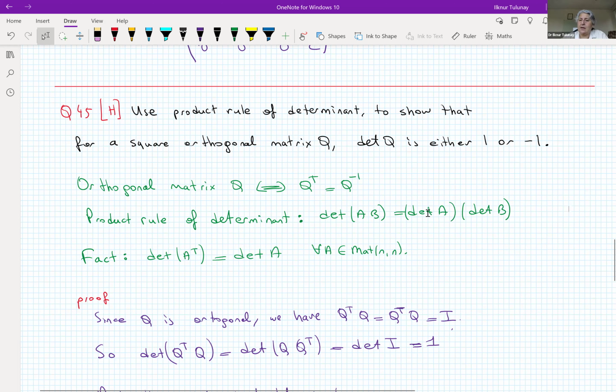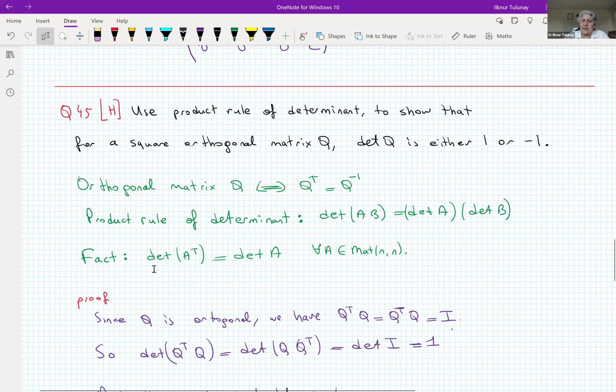We can multiply only certain matrices, and in the determinant concept we are talking about square matrices. So each of these, A and B, has to be a square matrix, and they have to be of the same dimension, such that this multiplication will make sense, and also the determinant will make sense.